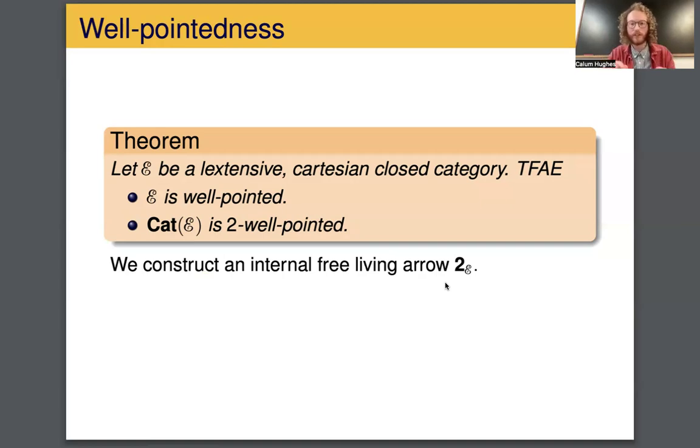It has 3 morphisms: an identity on 0, an identity on 1, and a morphism from 0 to 1, so its set of morphisms is 1 plus 1 plus 1. Its set of composable pairs has 4 ways to compose these things, so it's 1 plus 1 plus 1 plus 1, and so on. And we just do the same thing internally to E, where these ones are now the terminal object in E. We prove this is a category, and that it has the property of being the co-power of 2 by the terminal object.